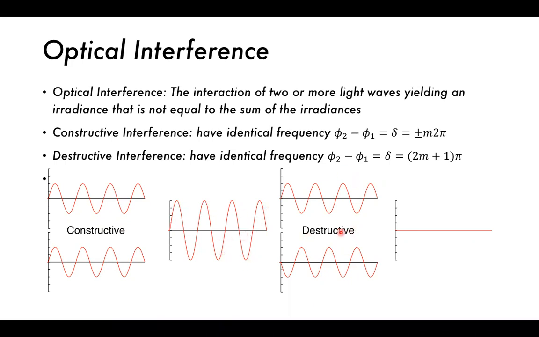Now, this is destructive interference here on the right. In this case, they have identical frequency, but their phase angles are different. Because this one's troughs overlap with this one's peaks, we end up with perfect destructive interference because their amplitudes are equal.